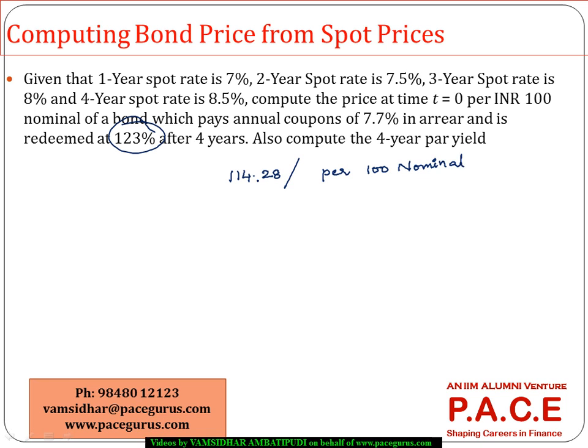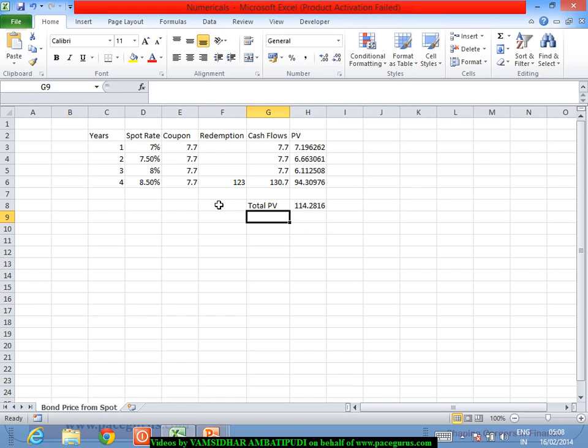The current price of the bond should be 114.28 rupees, or it should be sold at a 14.28% premium over the par value. That is the way we compute the price or the worth of the bond from the spot rates.